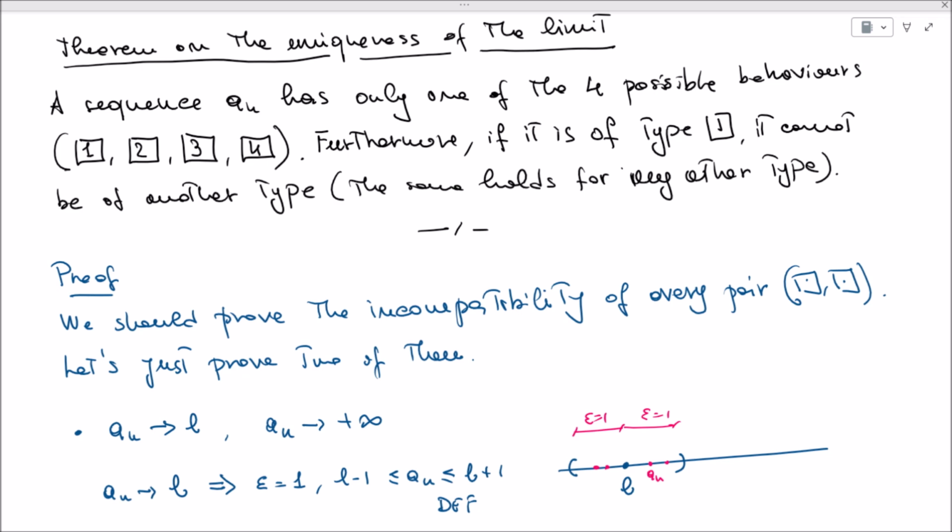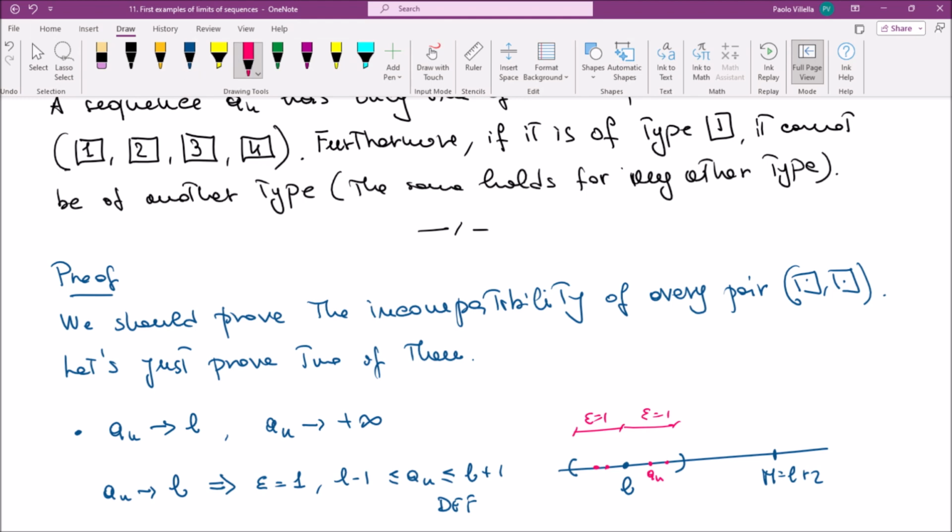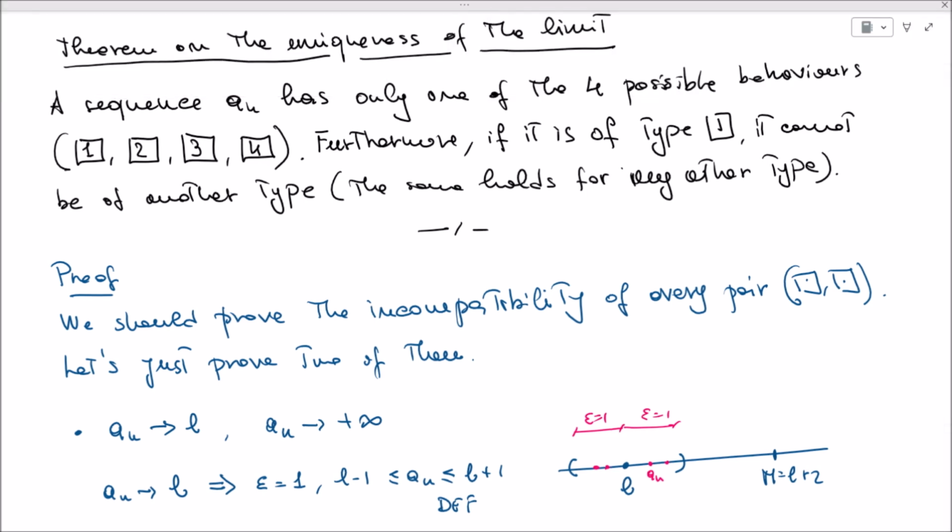That implies that, for example, if we pick M equal to L plus 2, we would expect that a_n should be larger than L plus 2 definitively. But this, of course, is impossible, is not consistent with the first one. So we have a reductio ad absurdum. So we just proved that there is incompatibility between two different behaviors for the sequence.